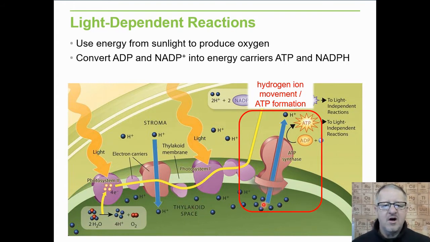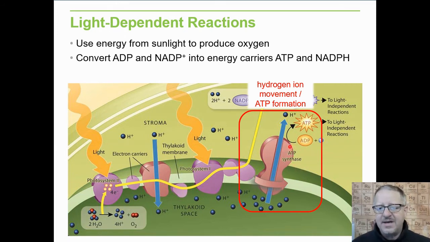They're moving along the inside of the thylakoid until they get to this ATP synthase. And as you know from diffusion, molecules will move from an area of higher concentration to areas of lower concentration. And you can tell there's a lower concentration of H plus ions outside of the thylakoid. So these hydrogens are going to move down through this protein tunnel.